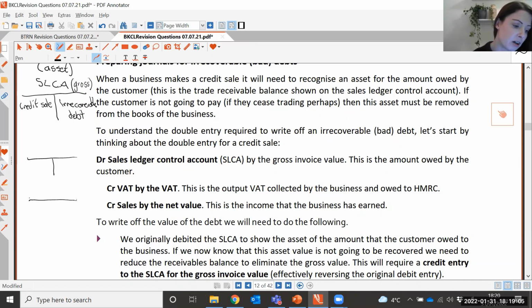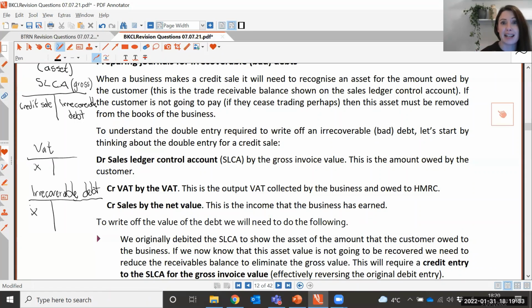So the other side of the double entry, we would have the VAT, because the VAT we would be able to claim back on that irrecoverable debt. So the VAT would be a debit, and the irrecoverable debt expense account would also be a debit.